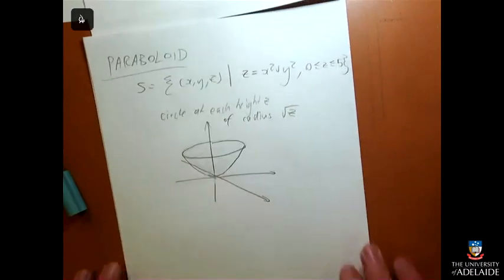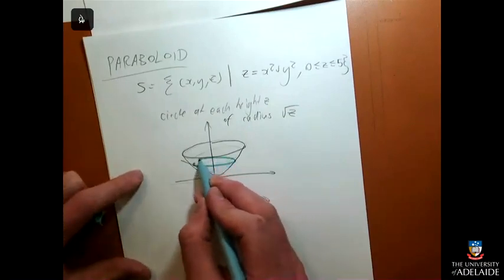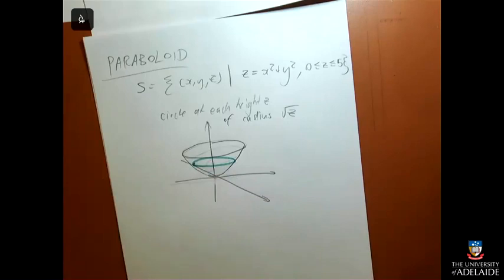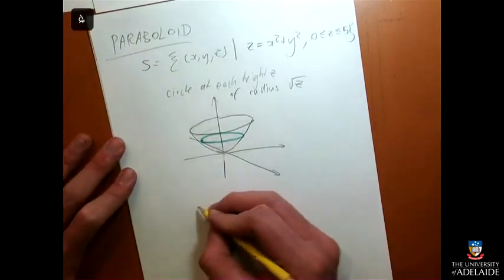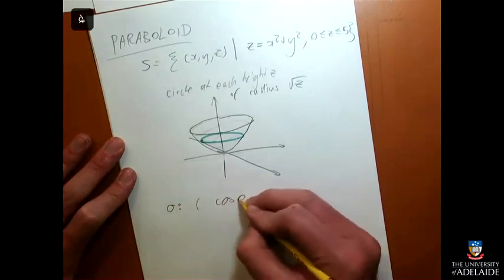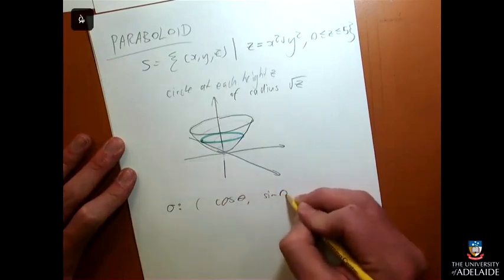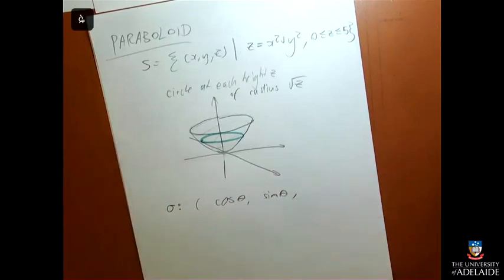Okay, but it is a circle at every height, and so I can use my r cos theta, r sin theta thing at every height. So we can certainly do that. And then I just need to figure out how high that is based on something, and I might as well just use z. So it's definitely something cos theta, something sin theta at each height.